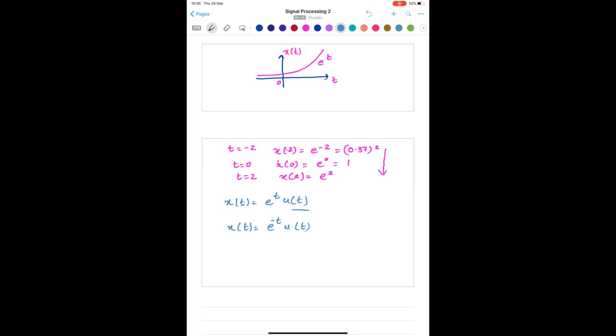This is a unit step function which I am going to explain just after this, but in another way you can say that it is equivalent to writing e raised to the power t for t between 0 and infinity, and 0 else, and this one is equivalent to writing e raised to the power minus t for t between 0 and infinity and 0 else.